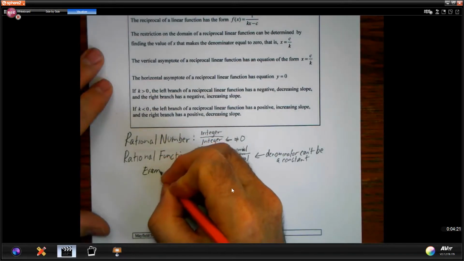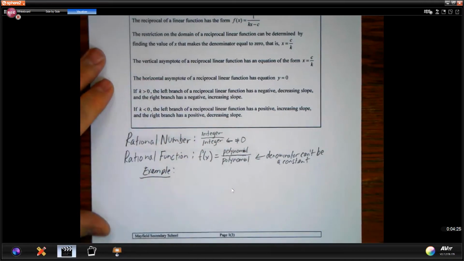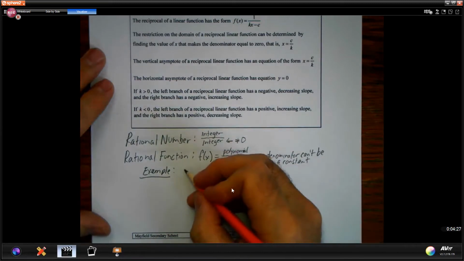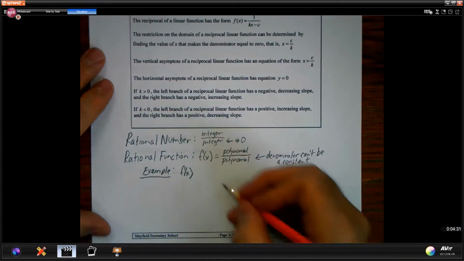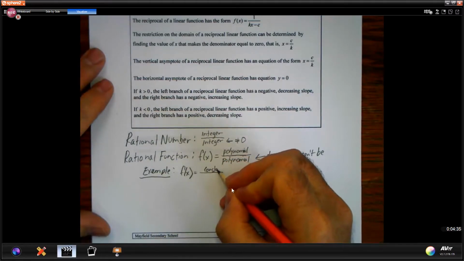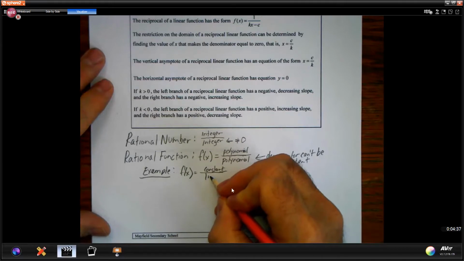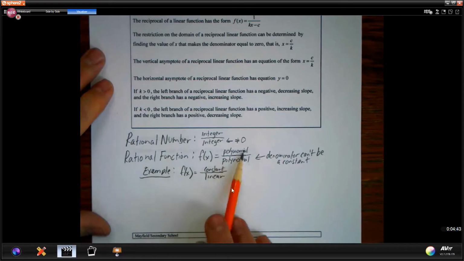We're going to have a very specific example that we're going to be working with today, and that's this first one here. If f of x was a constant over a linear function, that fits this definition up here.